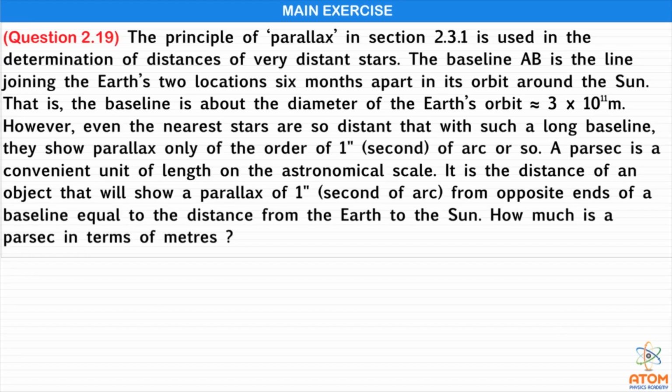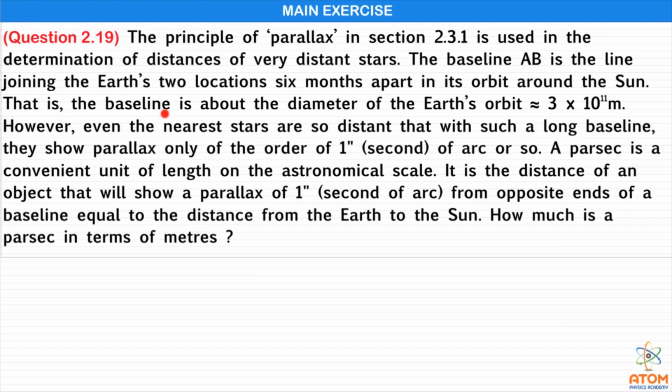Main exercise question 2.19. The principle of parallax in section 2.3.1 is used in the determination of distances of very distant stars. The baseline AB is the line joining the Earth's two locations 6 months apart in its orbit around the Sun.